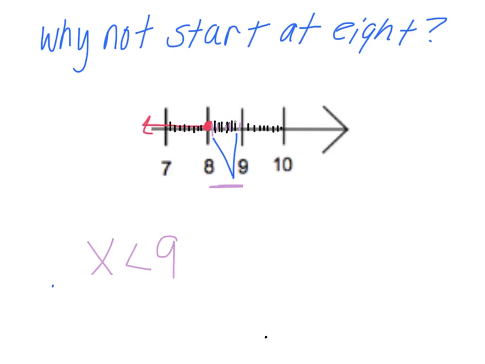So although it can't be 9, it can be 8.99999, which would be right before the actual 9. So if I started at 8, I would be missing all of these numbers in here, and that wouldn't be accurate. So to show the number closest to 9 that x could be without including 9, we have to put an open circle on 9. So that tells us the solution set does not include 9, but it includes everything touching up to that line and going this way.